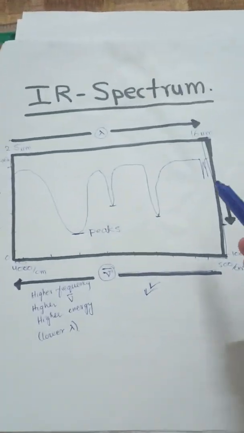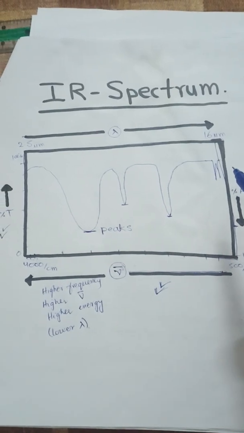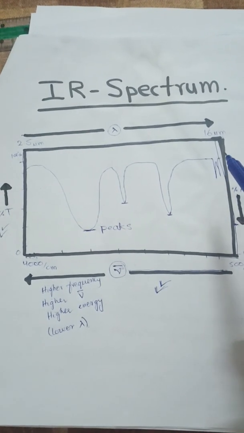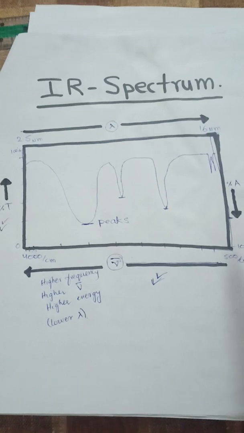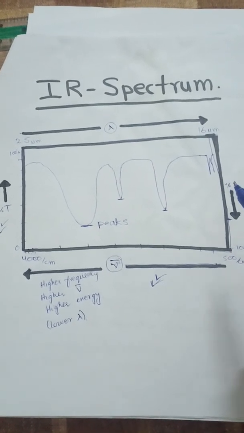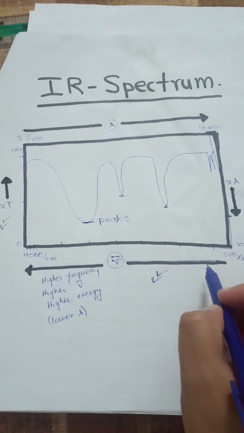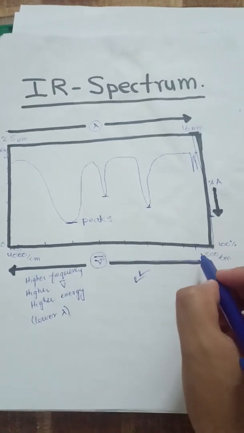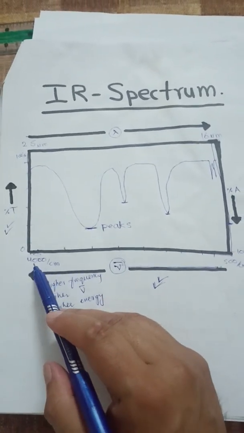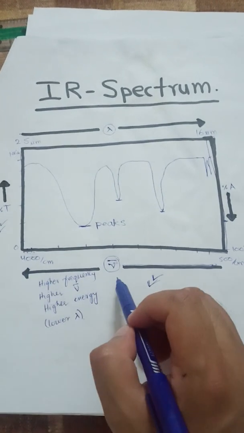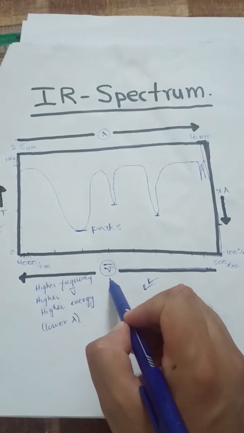Now we can take an example of an IR spectrum. If we look at the IR spectrum, we should know how it can be read. On the x-axis, the wave number is shown, which is from 500 to 4000 per centimeter, which represents frequency wave number.